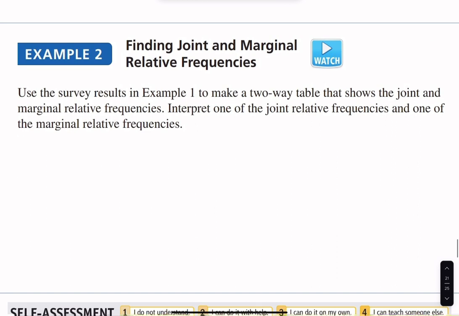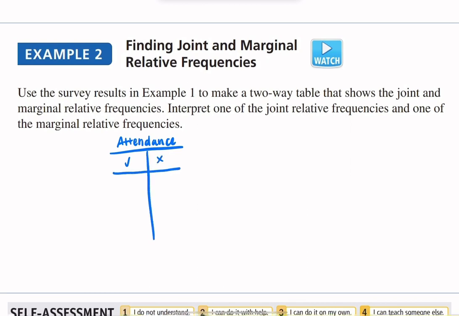So for example 2, we're using the data from example 1 to make a two-way table that shows the joint and marginal relative frequencies. With these two-way tables, again, same organization. So in example 1, we were organized by attendance and class.